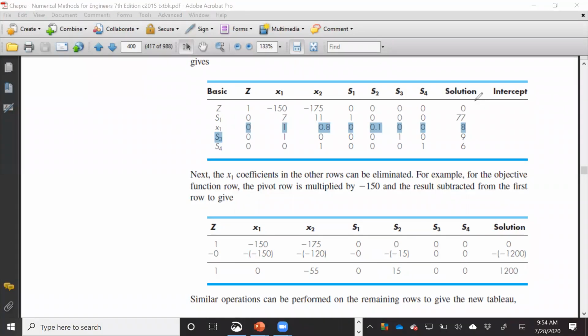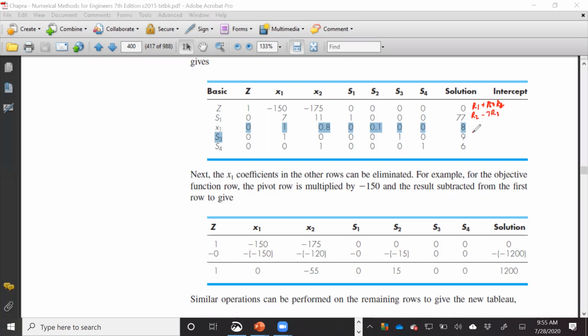So here you will get R1, because it is negative, so plus 150 R3, sorry, R3. This one is R2 minus 7R3.